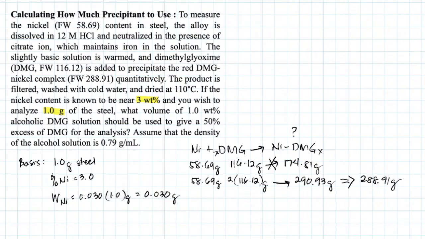Therefore, we can say that 1 mole of nickel will react with 2 moles of DMG to form the nickel-DMG complex.